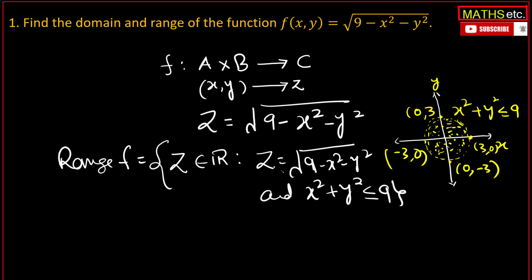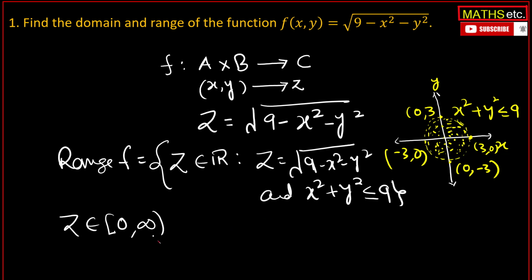Now, first thing, z is the square root of a real number, and square root is a non-negative function, right? So z can take values in the interval 0 to infinity only. Square root always gives us non-negative values, right?